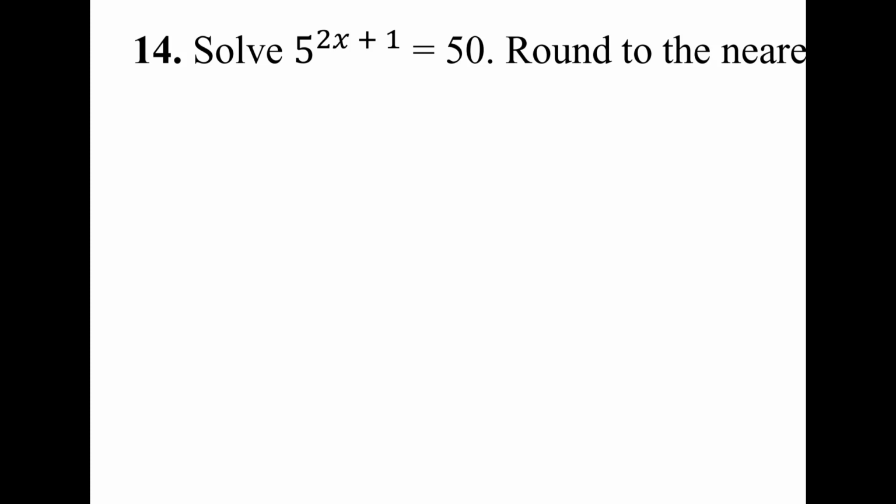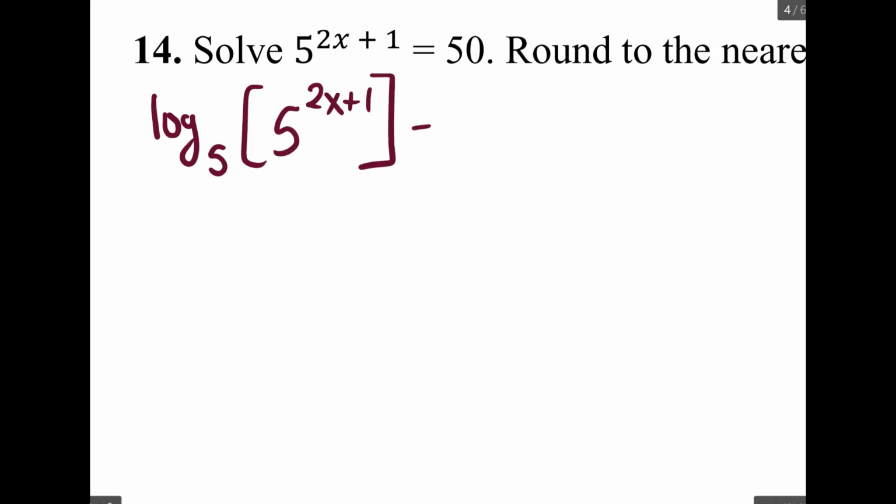So how can I get the base to cancel out? What can I do to have the base cancel out? Log base 5 on both sides. Why am I having it be log base 5? Why not log base e, the natural log?